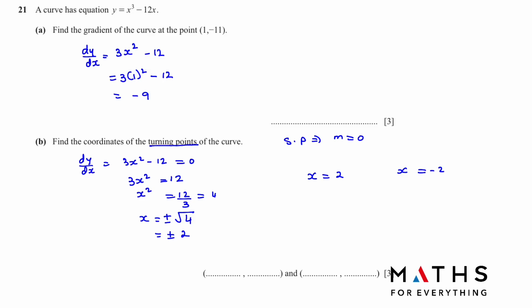In our equation, replace your x with the value that you found to get your y value. You will get negative 16. And here replace the x with negative 2. This will give us 16. So our 2 points are 2 and negative 16 and negative 2 and 16.